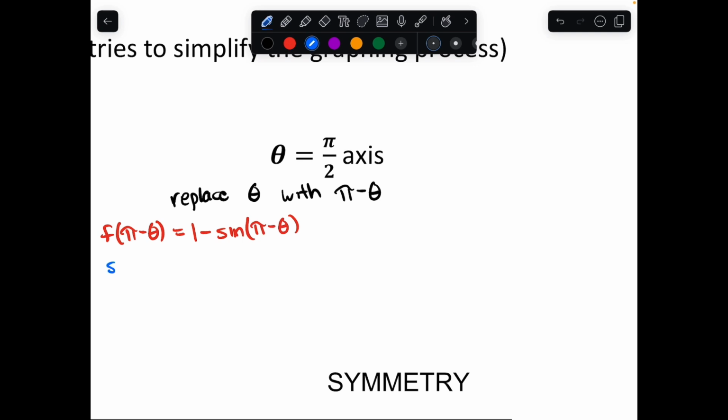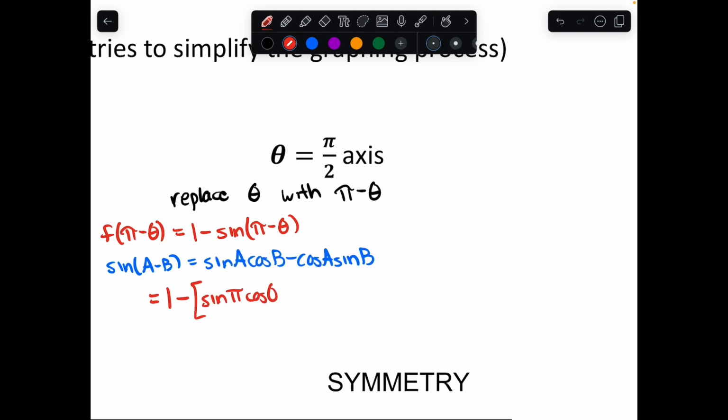I'm going to use the identity of sine of A minus B is equal to sine of A cosine B minus cosine A sine B. So this then becomes 1 minus, and then in brackets we have sine of pi cosine of theta minus cosine pi times sine theta.